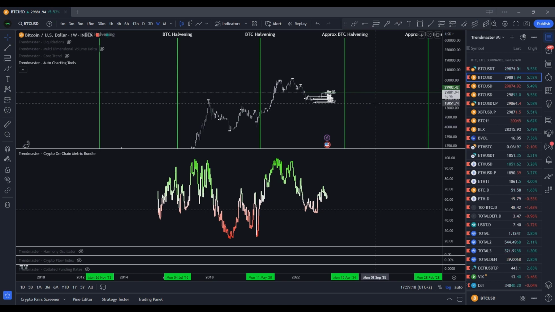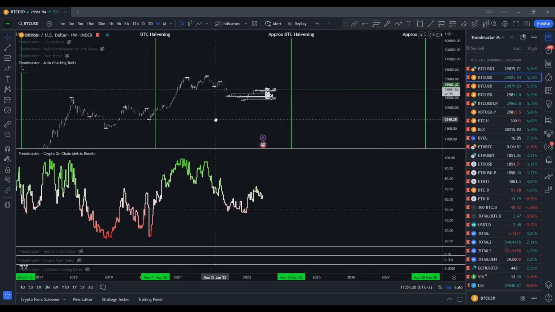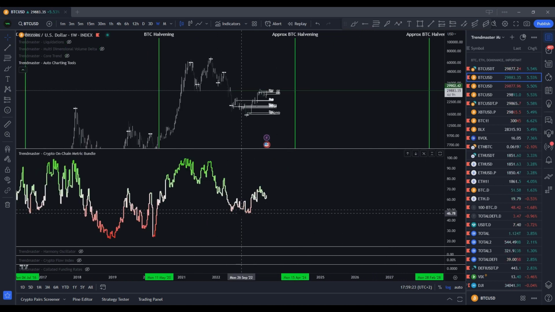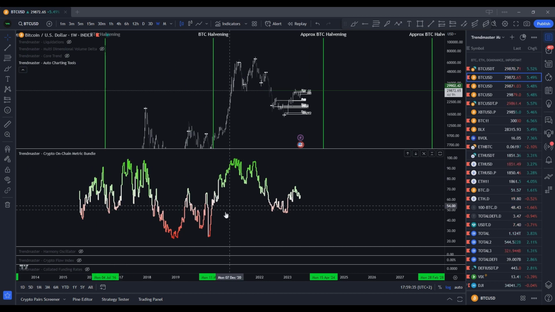We still could get down there. It doesn't mean we have to. But we barely got underneath 50% not in profit, and then we start moving back up. But anytime you start seeing way too much red or way too much green, it's essentially just a DCA perspective on a higher time frame.